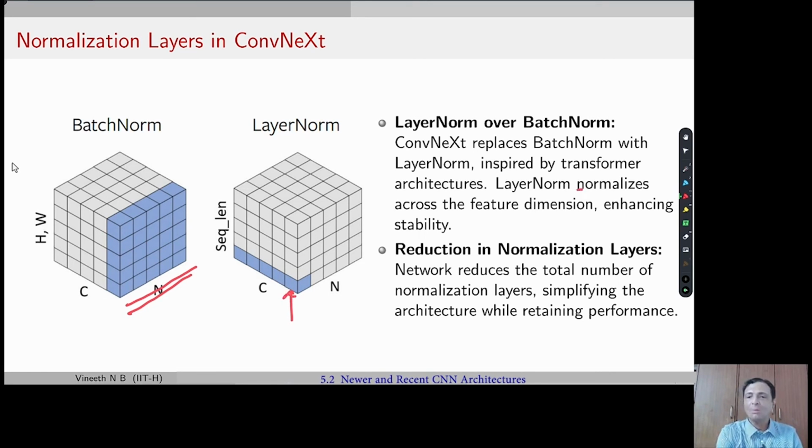This normalizes across the feature dimension, across the channels C here, and enhances stability. They not only change the normalization layer, they also reduce the number of times they have the normalization layer in the architecture.